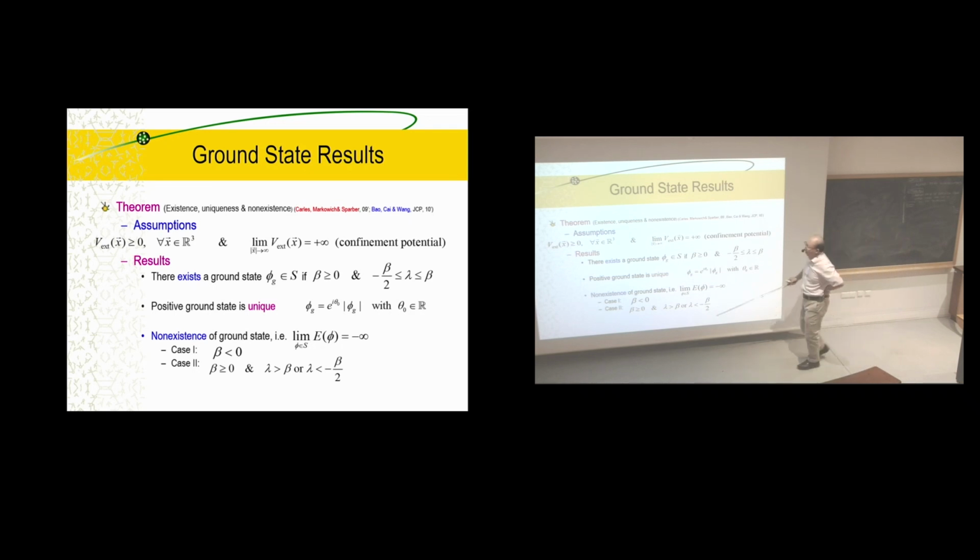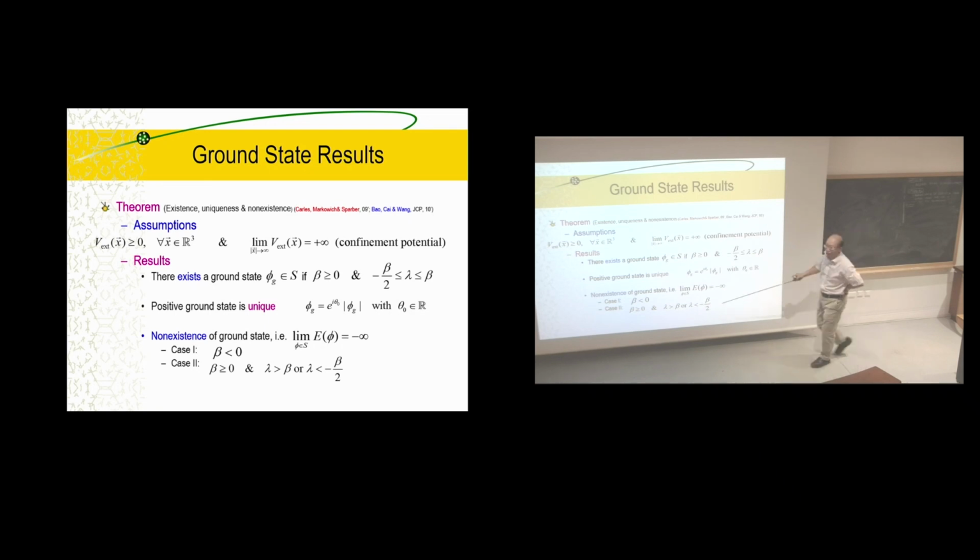Okay, and we can also show, with this rigidity, that if beta is less than 0, no matter which lambda it is, or beta is greater than or equal to 0 and lambda is bigger than beta, or lambda is less than minus beta over 2, then there is no ground state.